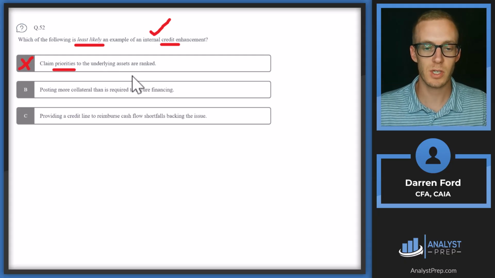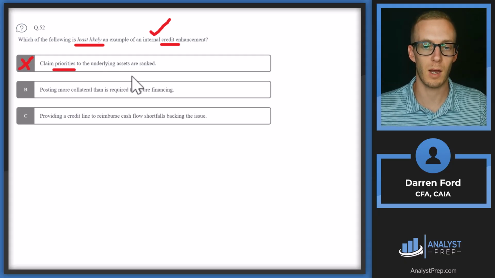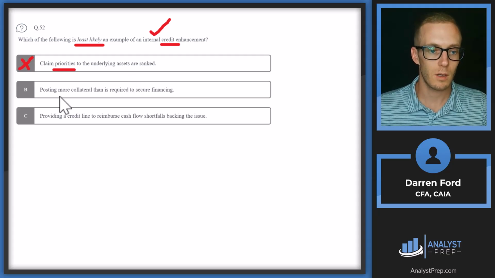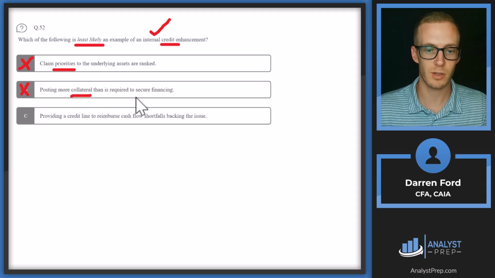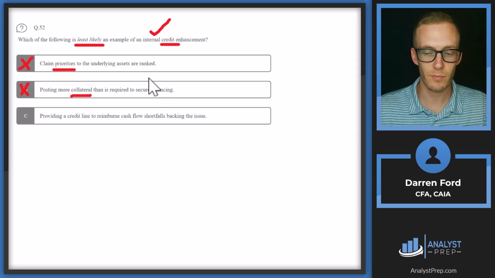Tranching is an internal decision, and it helps give investors a choice of where they want to be in the capital stack. B, posting more collateral than is required to secure financing. Again, this is an internal measure because they're using something on their balance sheet, collateral, to secure that additional financing.